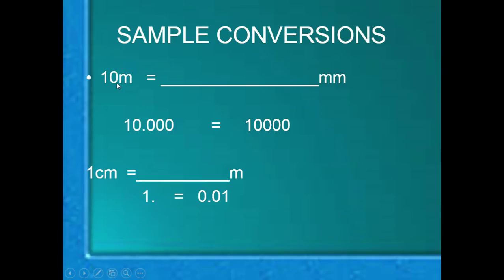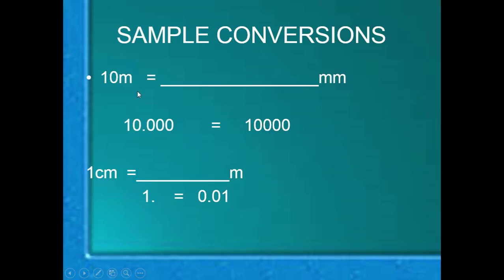Remember, with whole numbers, it is assumed the decimal place is behind that whole number. We said we needed to move our decimal place 3 places to the right, so we move our decimal 1 place, 2 places, and 3 places. Again, we do not write it there, we just leave it and add our zeros. So 10 meters is equal to 10,000 millimeters.